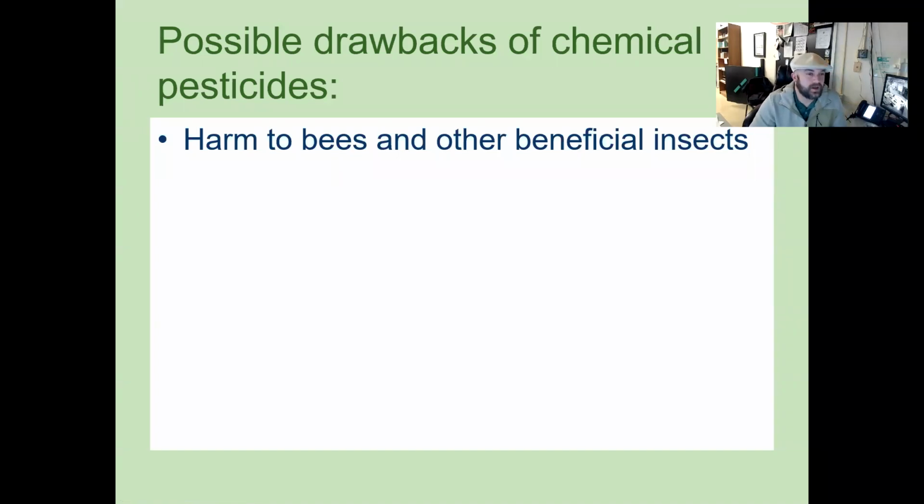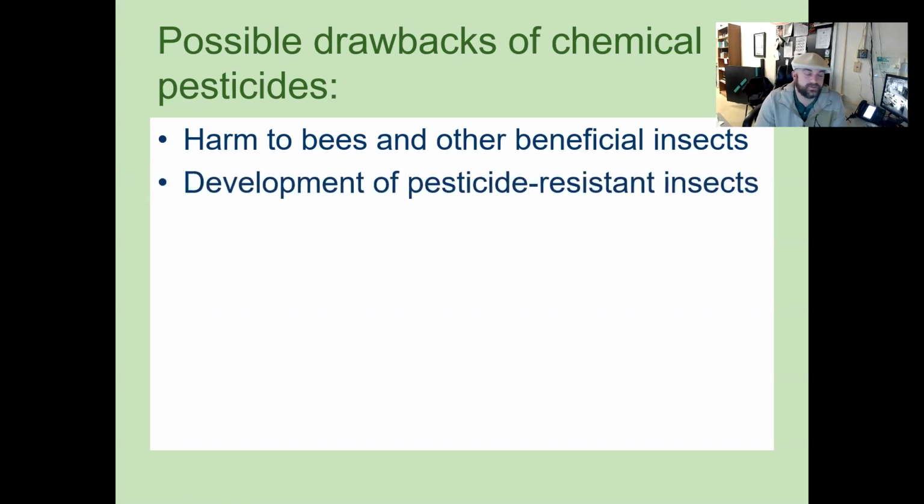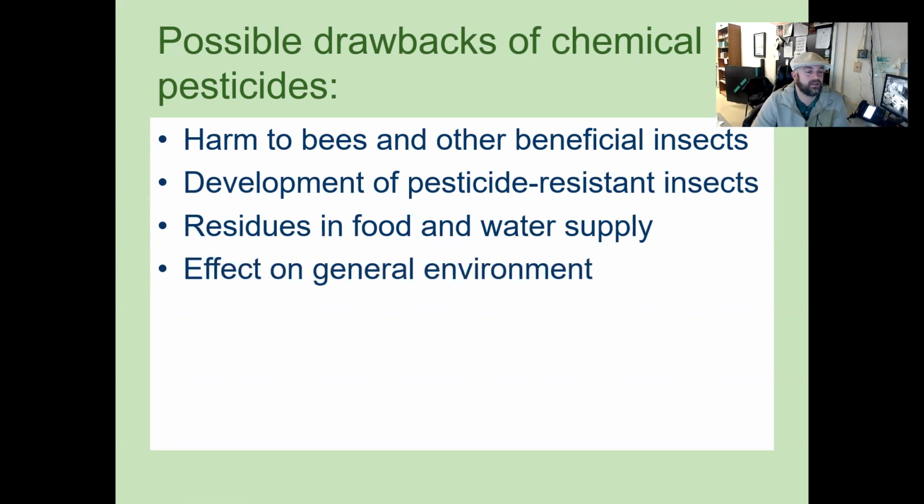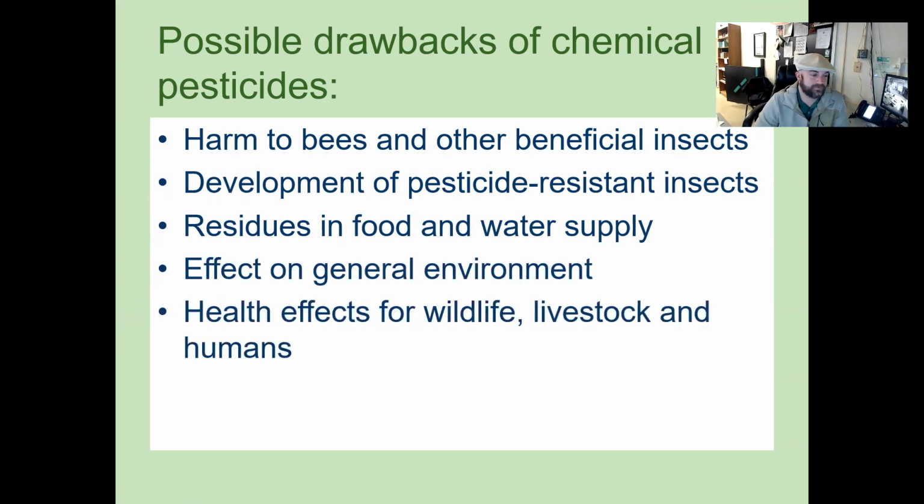So, possible drawbacks of chemical pesticides: harm to bees and other beneficial insects, development of pesticide-resistant insects, residues in food and water supply, effect on general environment, health effects for wildlife, livestock, and humans.